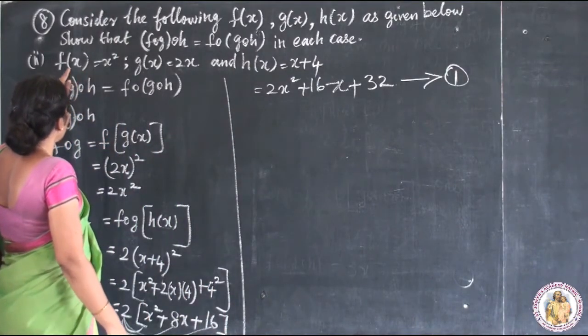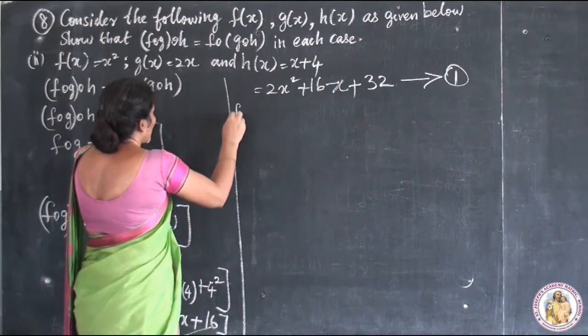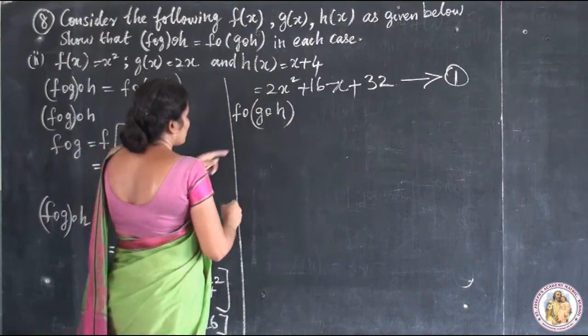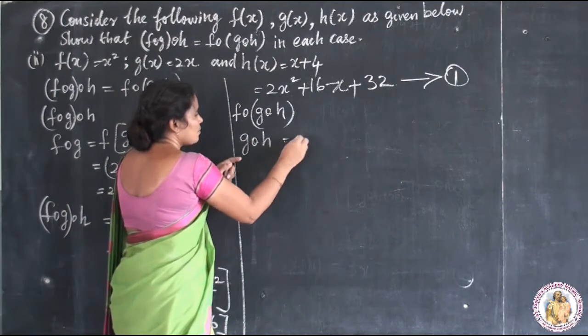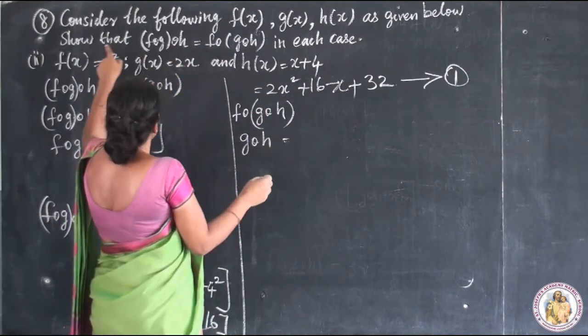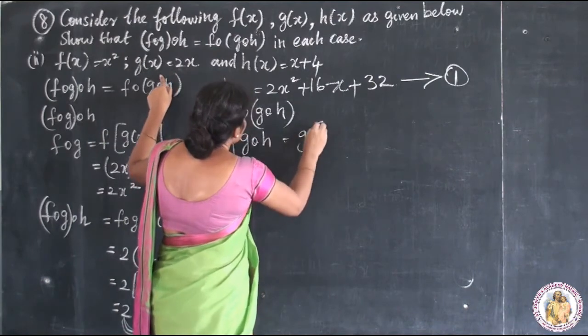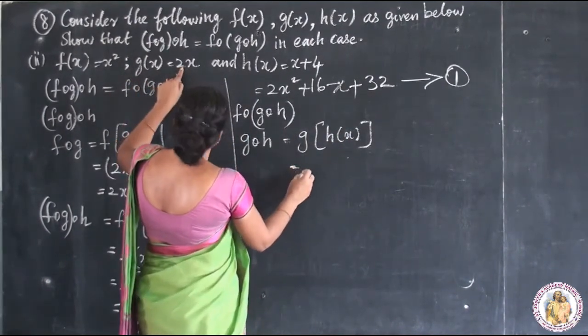Okay, and then you have to find f of g of h. Go with bracket, g of h. What is g of h? g is 2x.